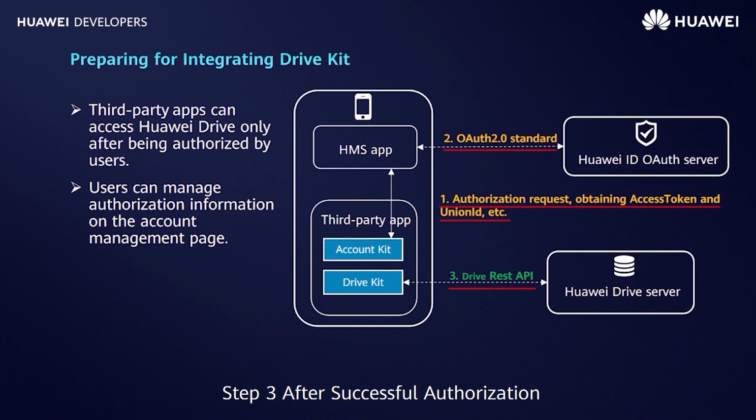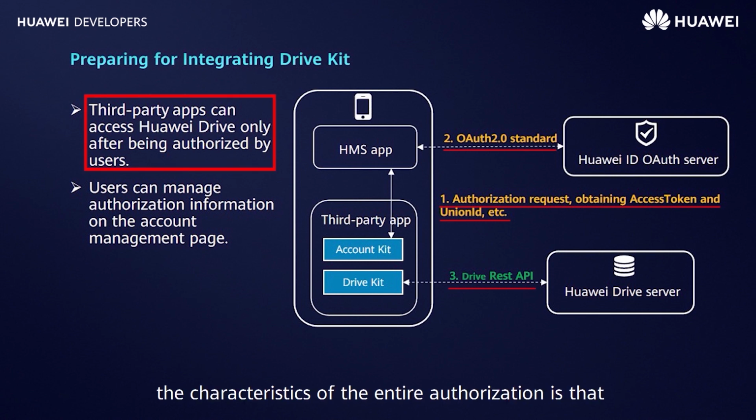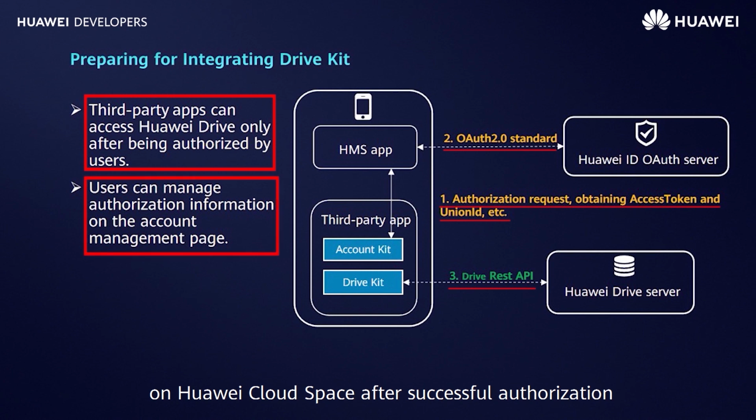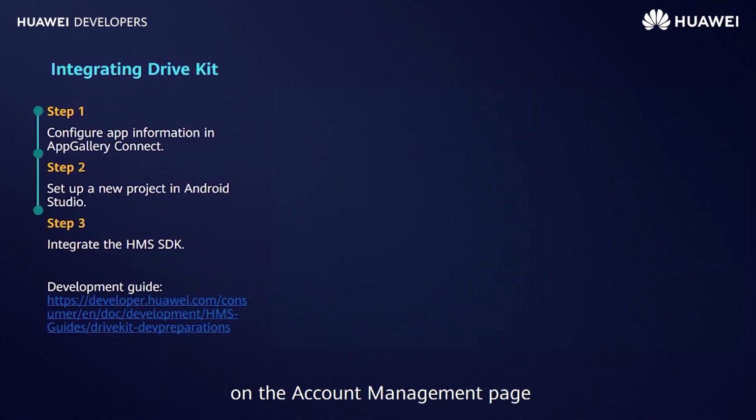Step 3. After successful authorization, users can use the API in the Drive Kit client to manage the data in Huawei Cloud Server. In a nutshell, the characteristic of the entire authorization is that third-party applications can only access resources on Huawei Cloud Space after successful authorization. Users can manage user authorization information on the account management page.